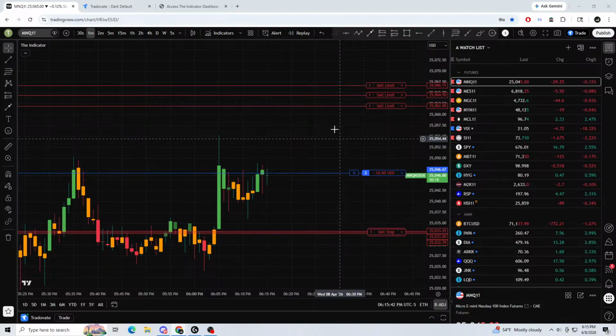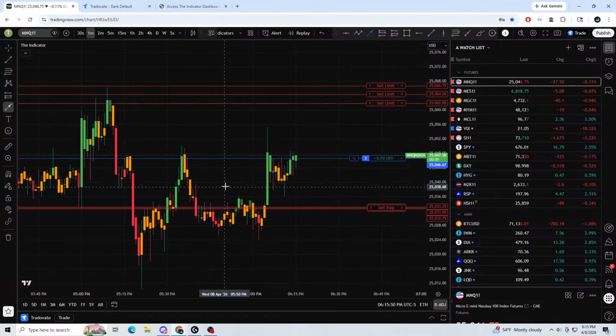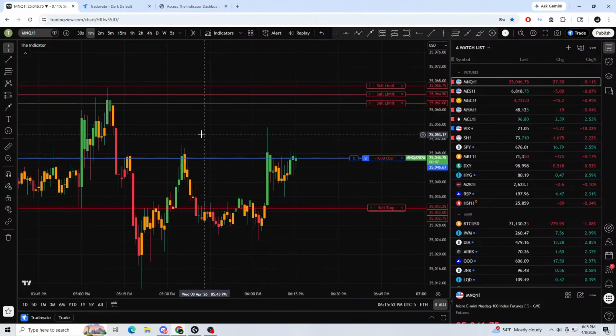Well, the market is attempting bullish, but it's not getting any follow through. So again, that's sort of expected in this kind of market where we get a random candle and then just nothing.